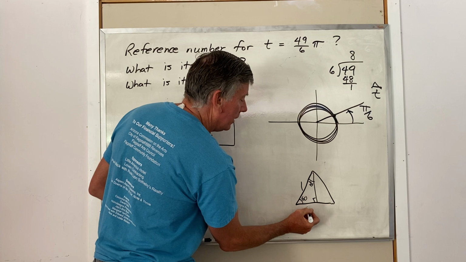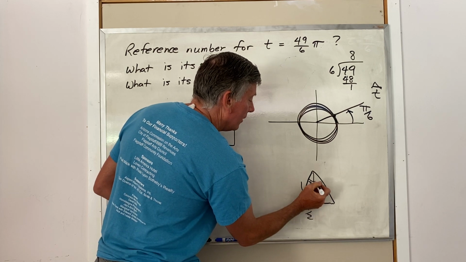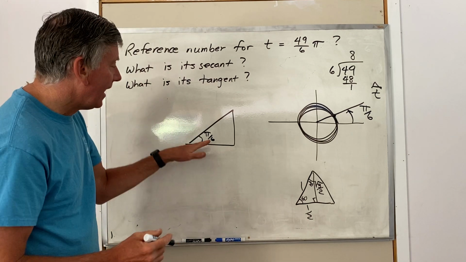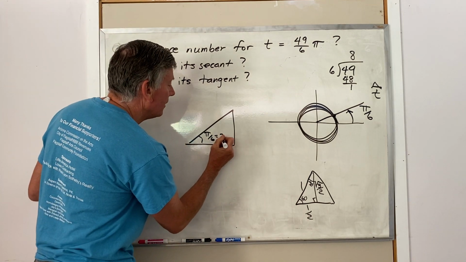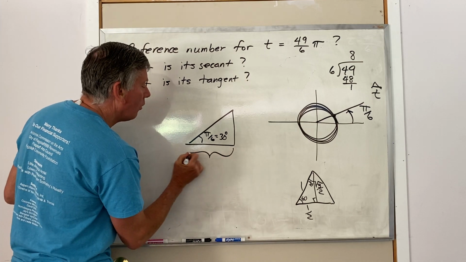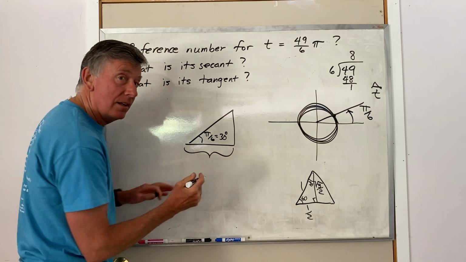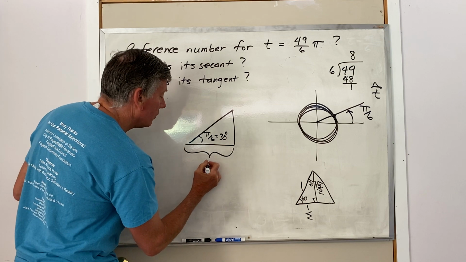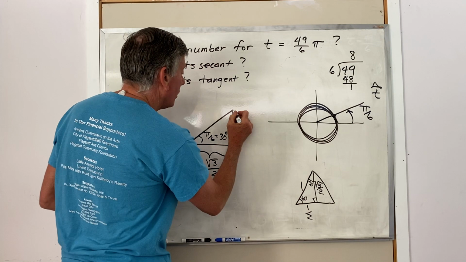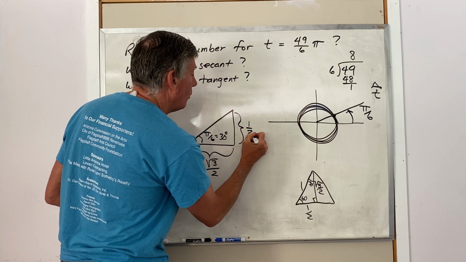If this is 1, this is 1/2, this is the square root of 3 over 2. Well, we have that angle here. Pi/6 is 30 degrees. So that means that my x-coordinate, my cosine, is going to be square root 3 over 2, and my y-coordinate is going to be 1/2.